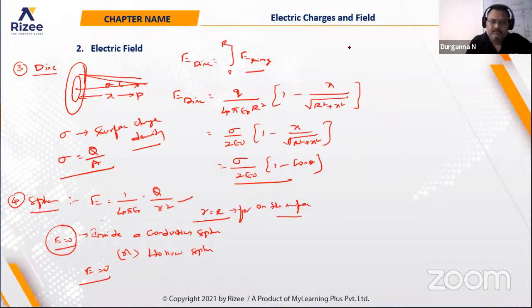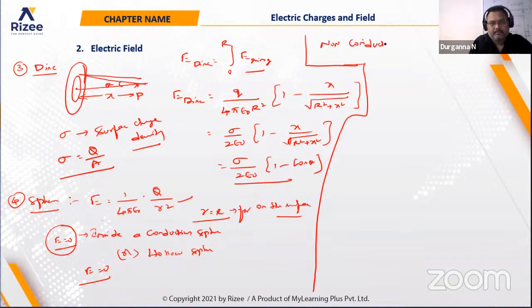Now for the non-conducting sphere, outside and on the sphere it will be the same. But when you go inside, the electric field formula can be written as rho r by 3 epsilon naught, since for a non-conductor, charge also resides inside.